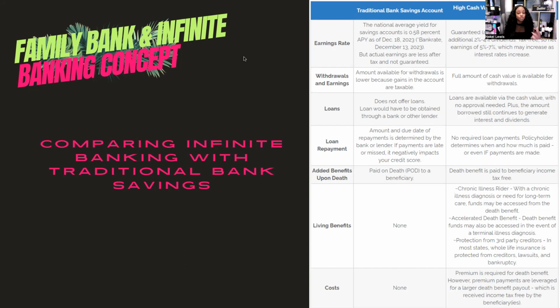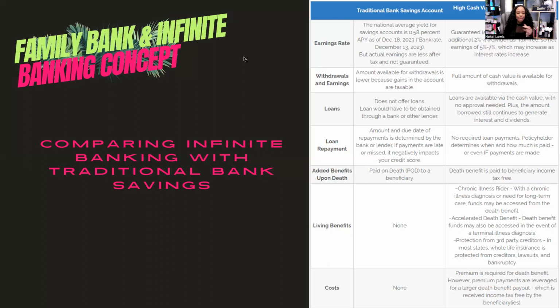With a traditional savings account, they normally cannot give you a loan on your savings, unless it's obtained through a specific type of bank. But on these policies, you can take a loan, and the money can continue to generate interest and dividends while it's still in the policy, which is amazing.